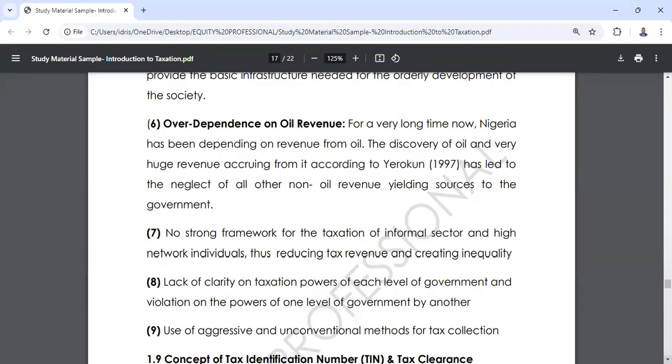But as I'm talking to you right now, there is a paradigm shift from oil revenue to non-oil revenue. Because of the crash in the price of crude oil, the eyes of the Nigeria government are now open to non-oil revenue. They are now introducing new forms of tax. For example, the electronic development levy was introduced, and VAT was increased to 7.5% from 5%.